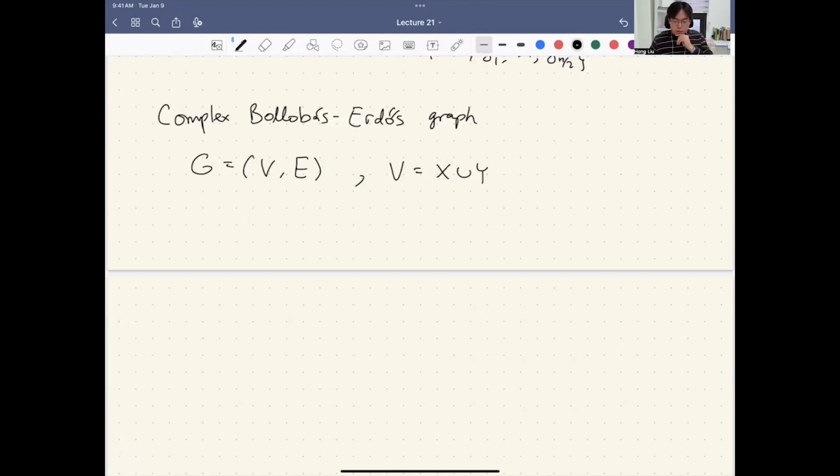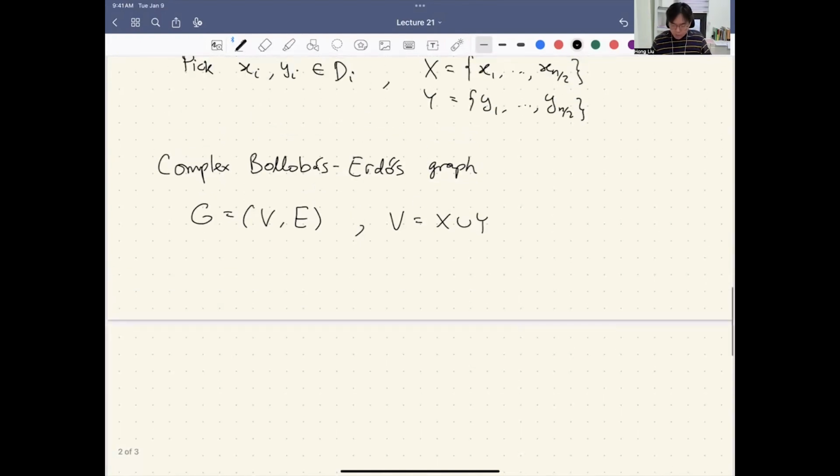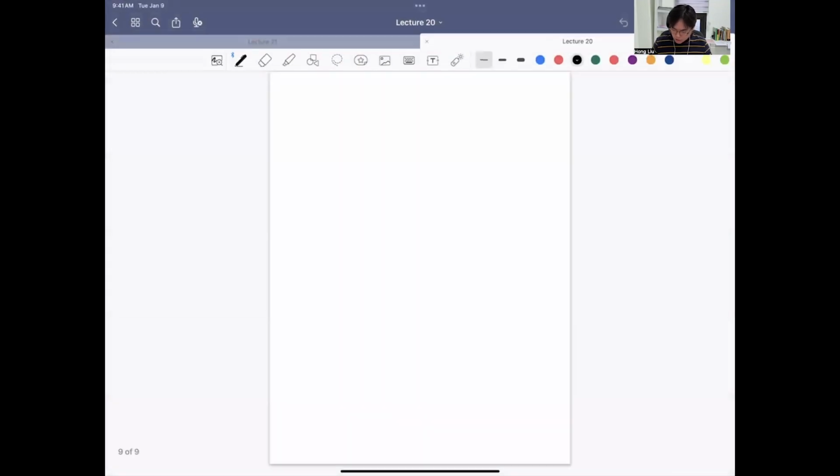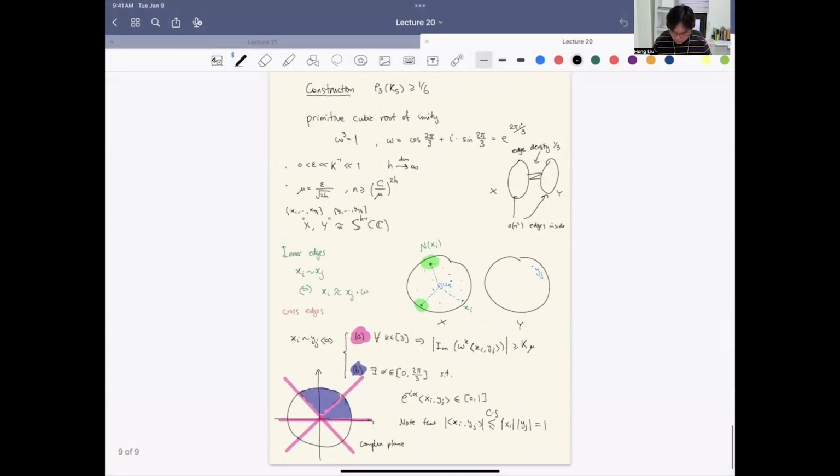For the inner edges, as I mentioned, I think I drew some picture last time.